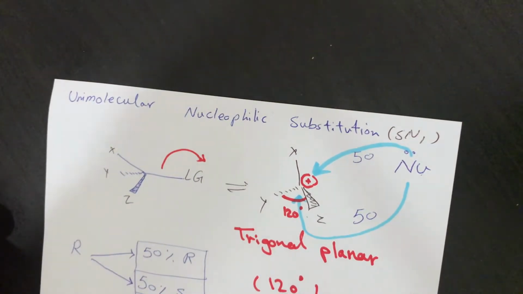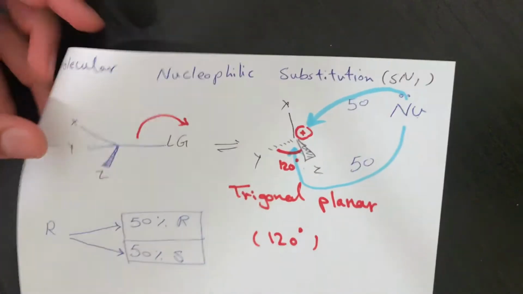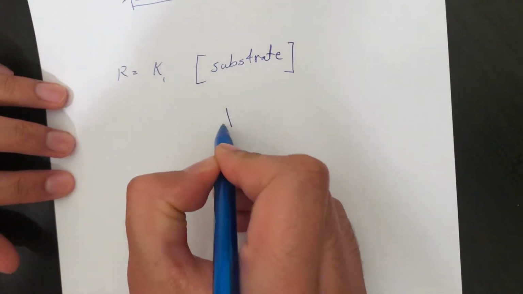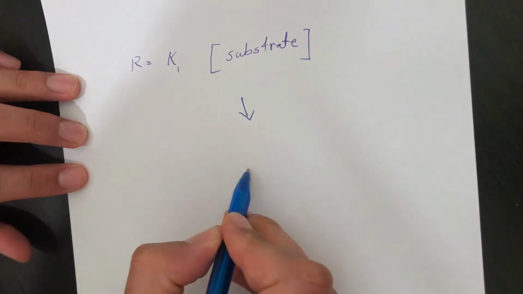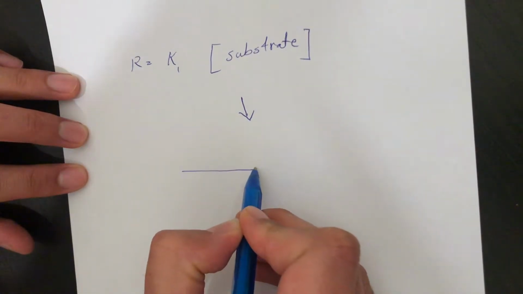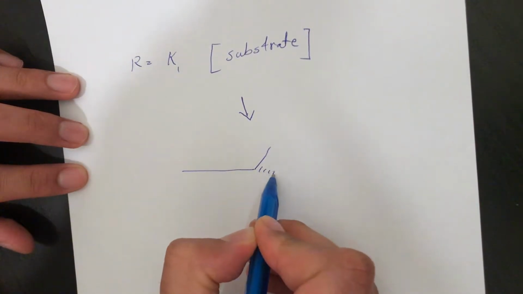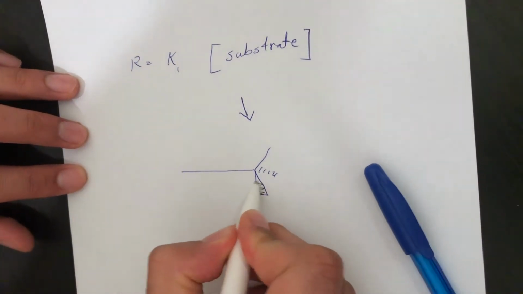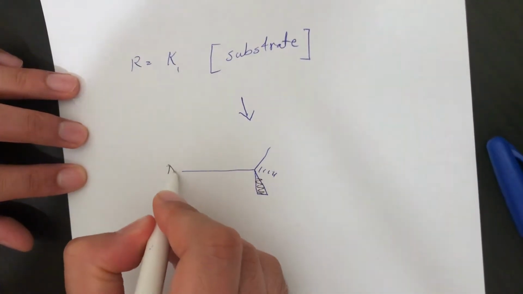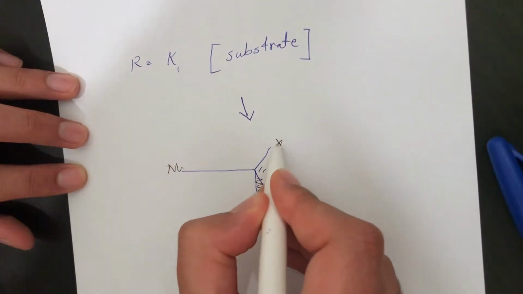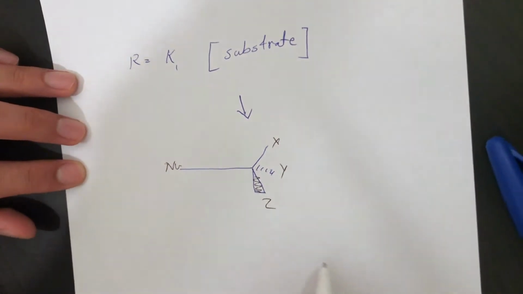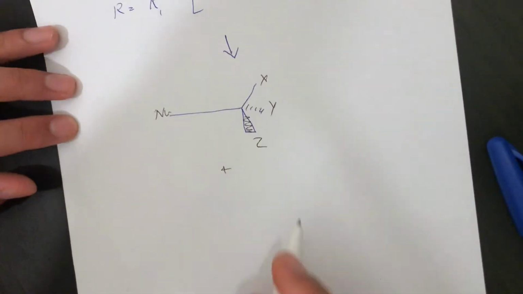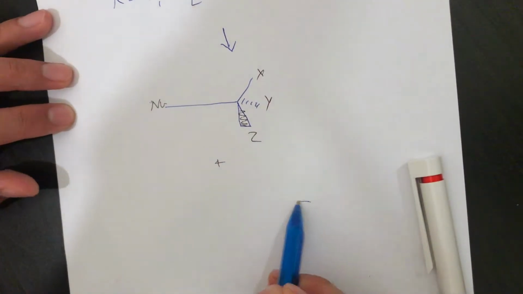So we will shortly form the product. If the nucleophile attacks from the top, so the nucleophile comes here, we get X, Y, Z, and because we're getting two products, we may also have the other one.